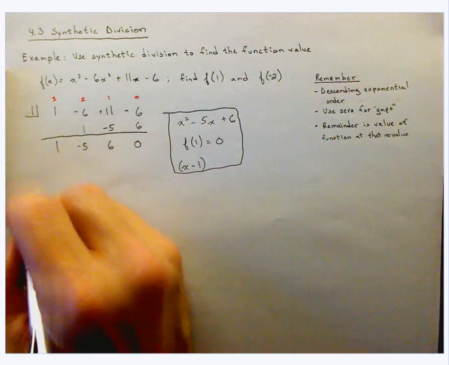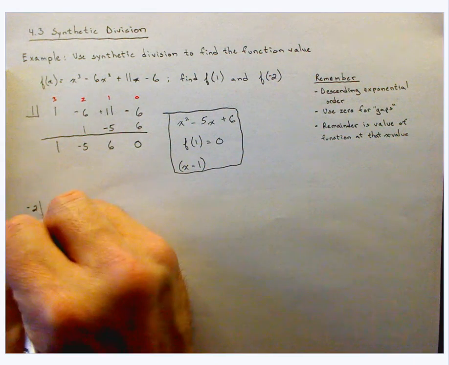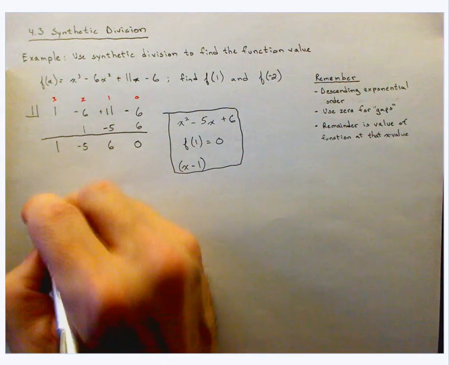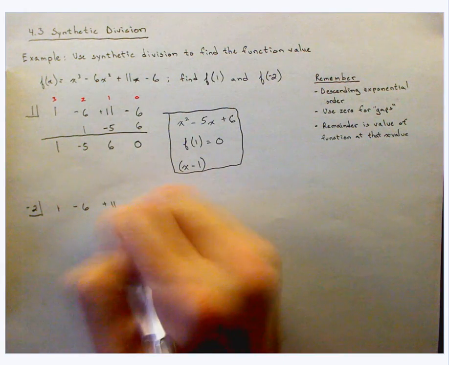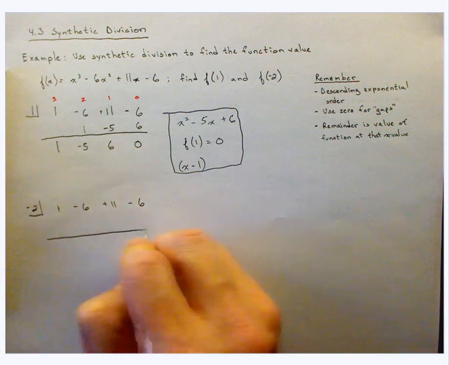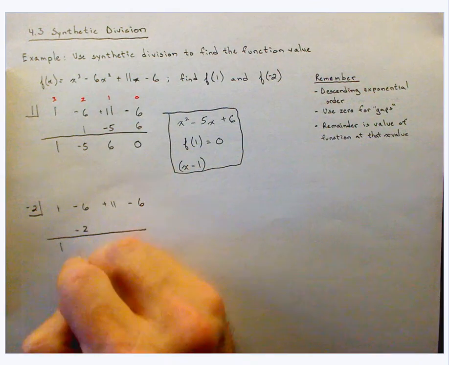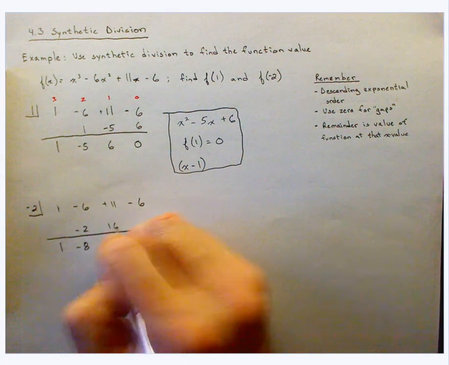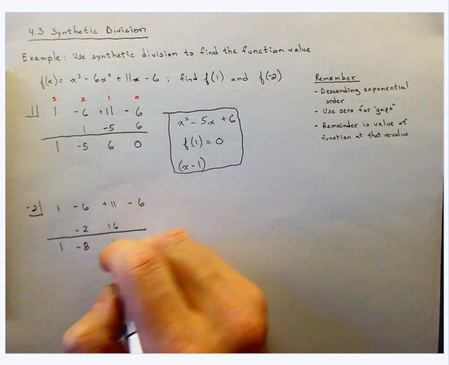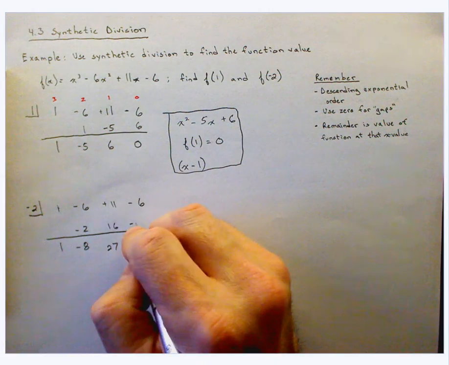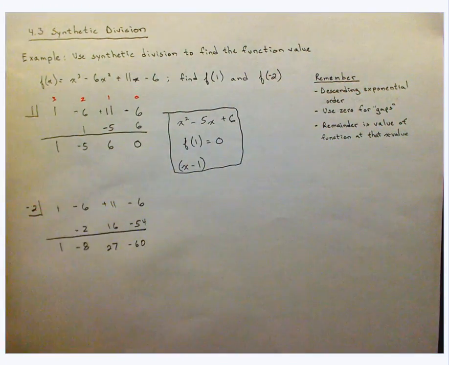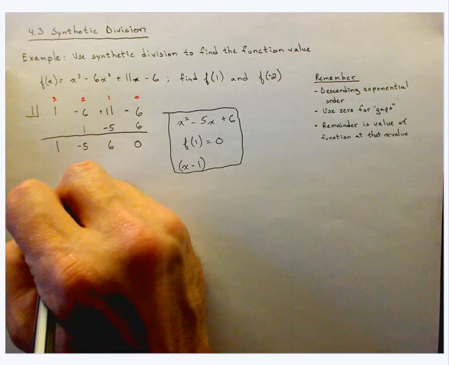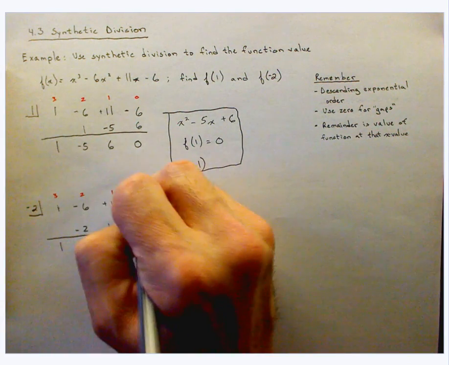Now let me find the f of a negative 2 and see what the function value is for it. And I know it's the same thing. And again, this was 3, 2, 1, 0.